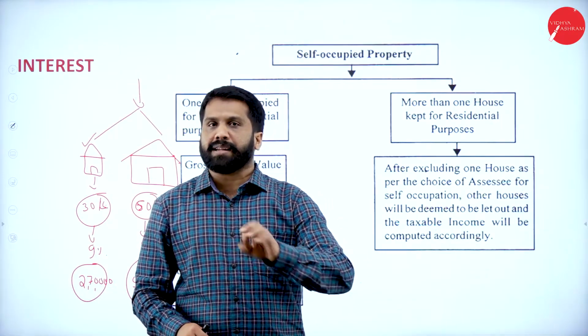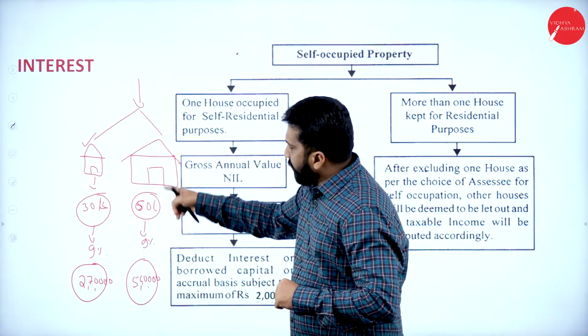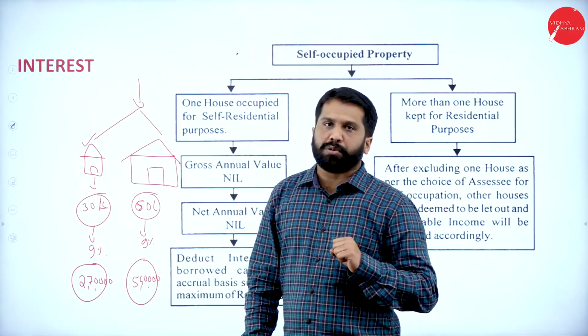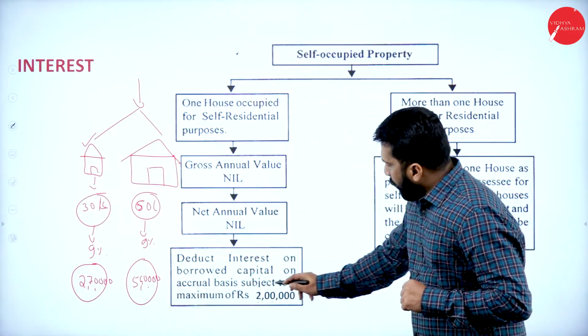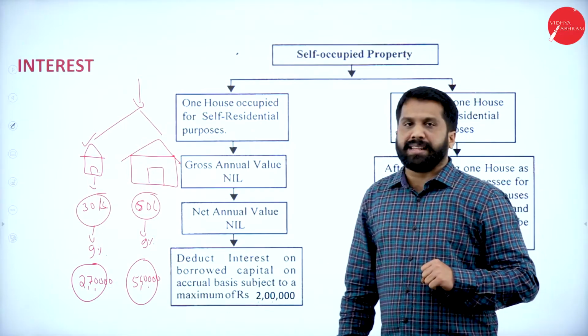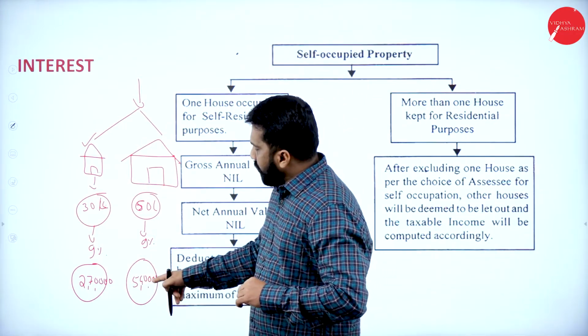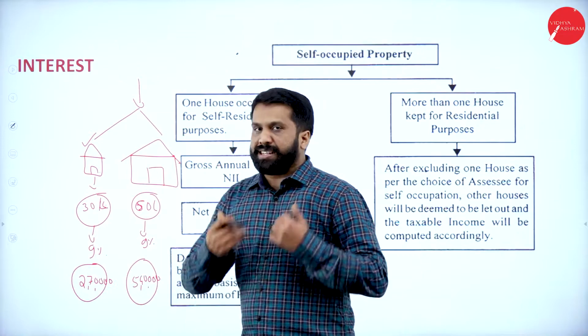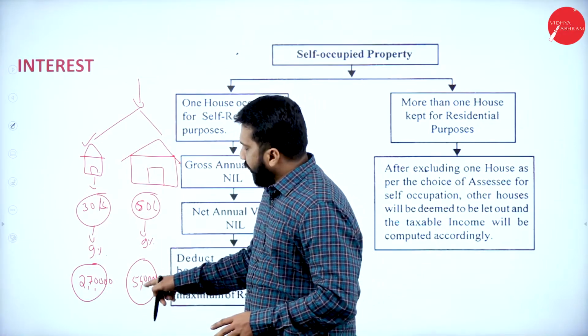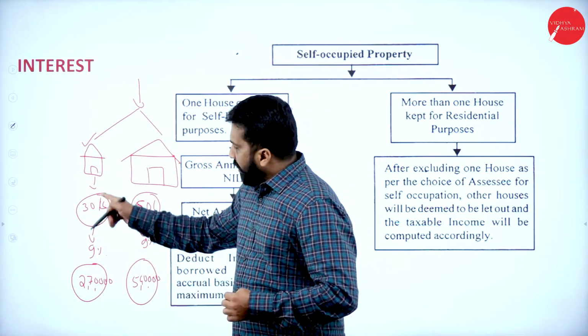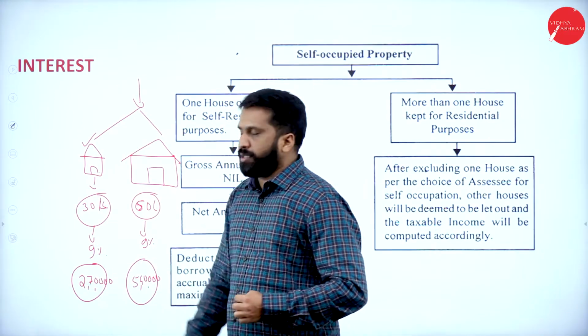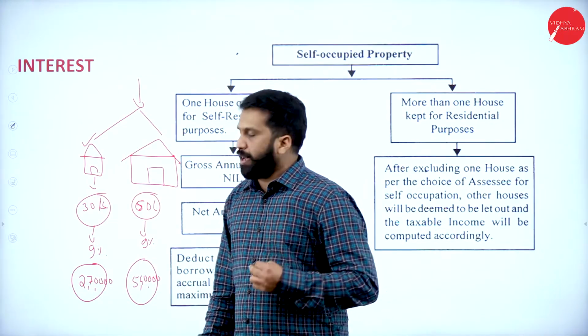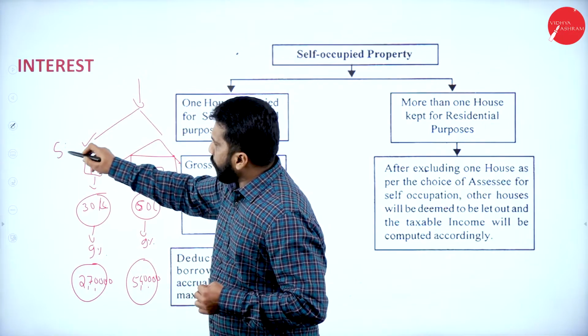Now I'll tell you, if you take this house as self-occupied, what is the limit? Up to 2 lakh you can claim. Now, of 5 lakh 40 you have, 3 lakh 40 is a loss actually. Only 2 lakh you can claim. In this case, of 2 lakh 70, you can claim 2 lakh. That's why I'll take this as self-occupied.